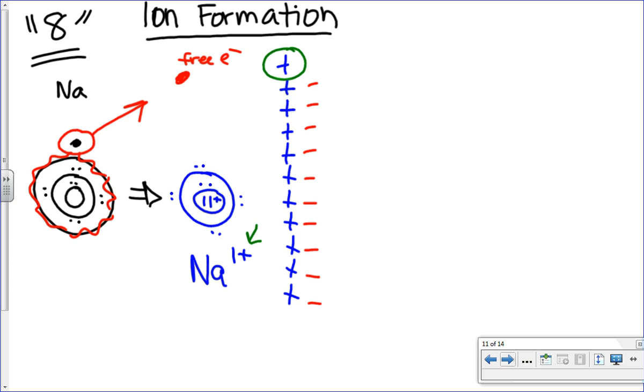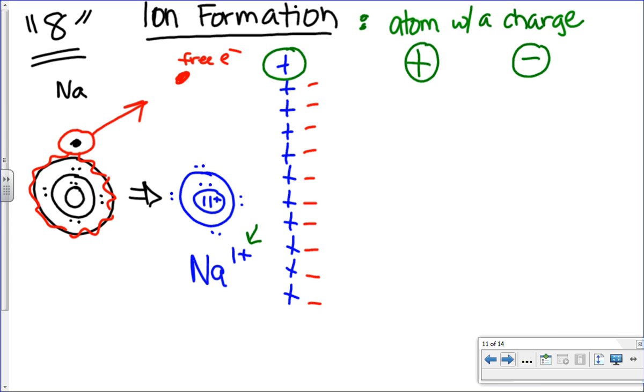Okay? This is called an ion. An ion is an atom with a charge. So it's not neutral. The charge can be positive or negative, and you get a charge by either gaining electrons or losing electrons.